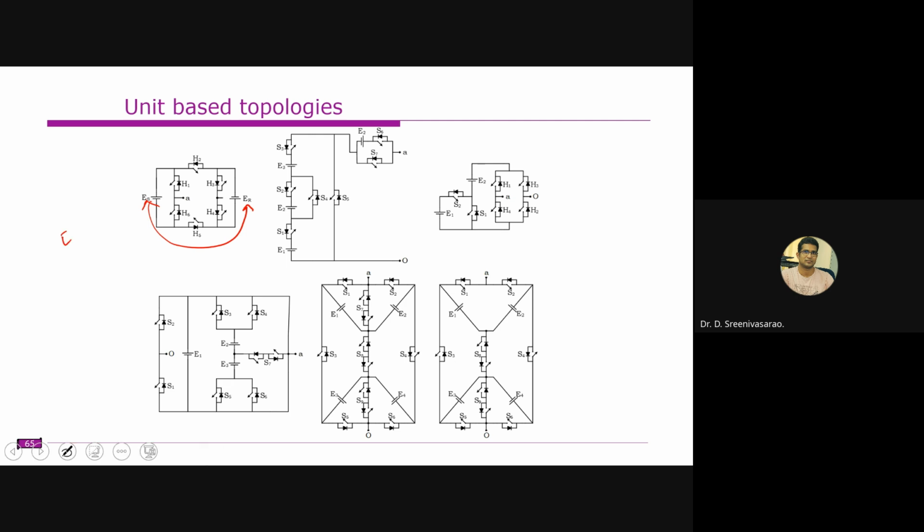So you will get the E plus Es level, and the minus E minus Es level. If Es is equal to E, then you will get 2E, then E, 0, and minus E, minus 2E voltage. Likewise you can operate this. So this one is known as a hexagonal switch cell.